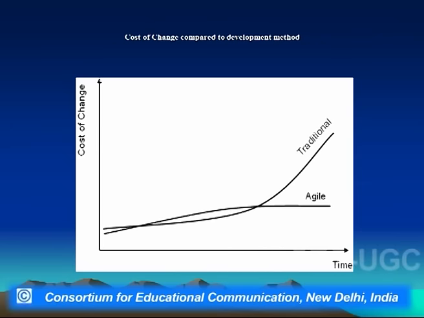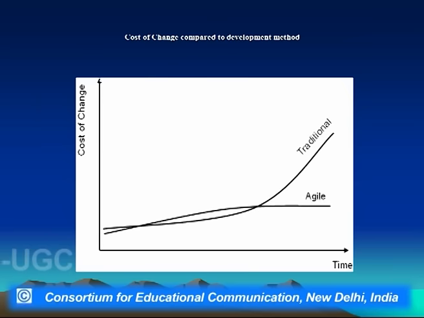In the traditional process model, initially the cost of change is low, but later on as the phases progress, for example, initially if we are in the requirement phase of a conventional process model and we want to incorporate some change, then the cost of change is low.